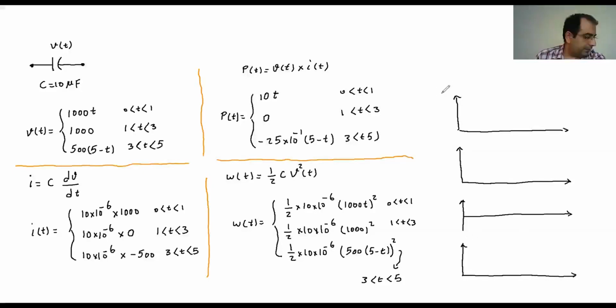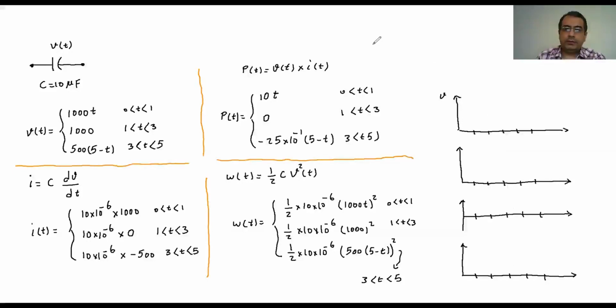So for the first one, if I draw the voltage, it's going to be 1, 2, 3, 4, 5. And then we have 1, 2, 3, 4, and 5 here. And just say 1, 2, 3, 4, and 5. And then 1, 2, 3, 4, and 5 here.